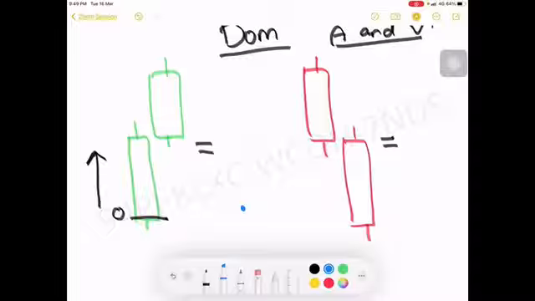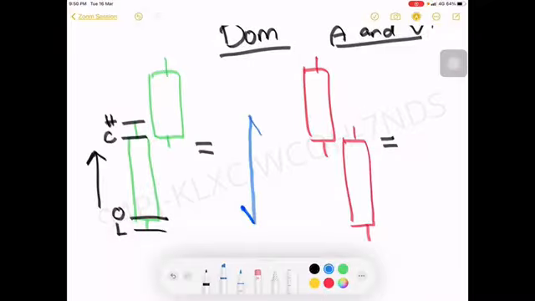So if it wants to go up, what does it need to do? It must go down first. So it will go down first like this, and then to the high and then closing.